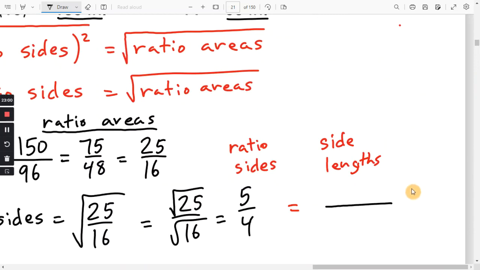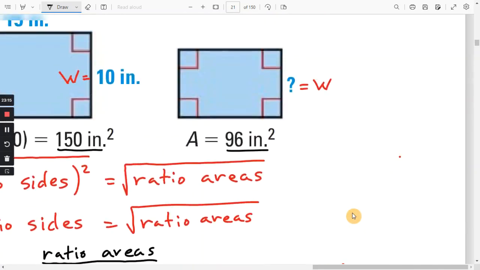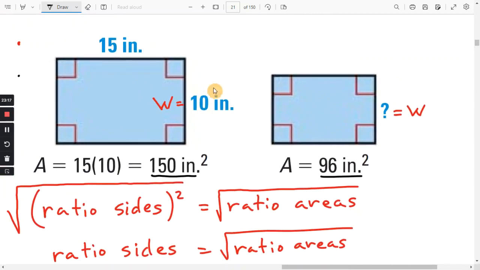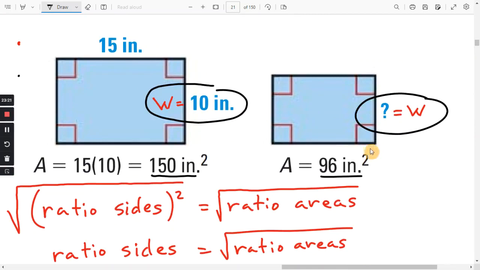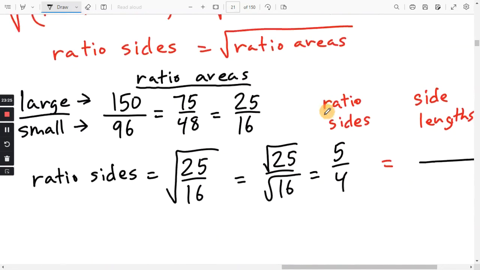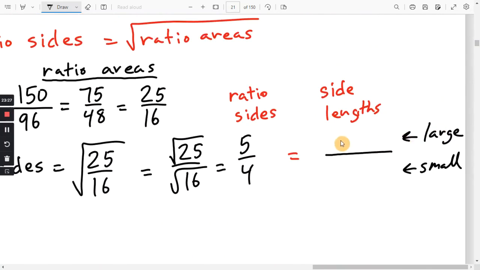So we're going to do the same thing over here. We're going to do the large one in the numerator, and we're going to put the small one in the denominator. So let's check out the side lengths. We're looking at the width. The larger one is 10. The smaller one we don't know. We'll just call it W for width.